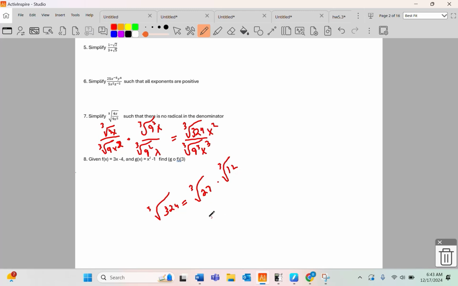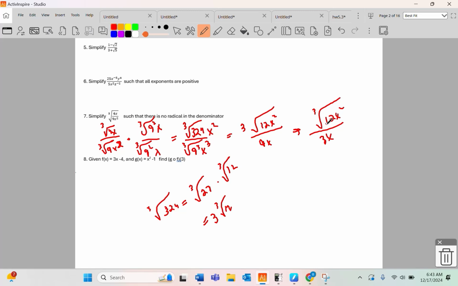Yeah, it is. So that's 3 cubic roots of 12. There's a 12 on the inside. There's an x squared. The bottom reduces down to 9x. Last bit of simplification. Over 3x.